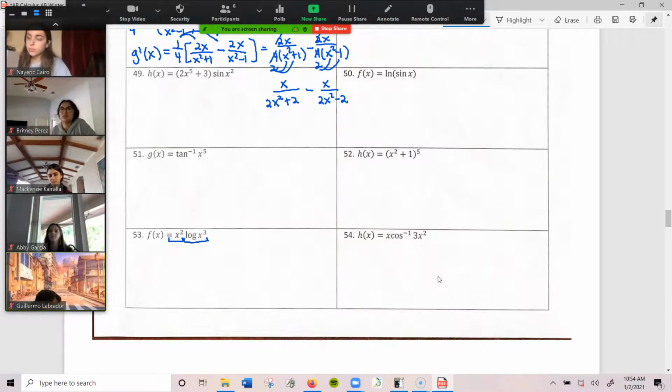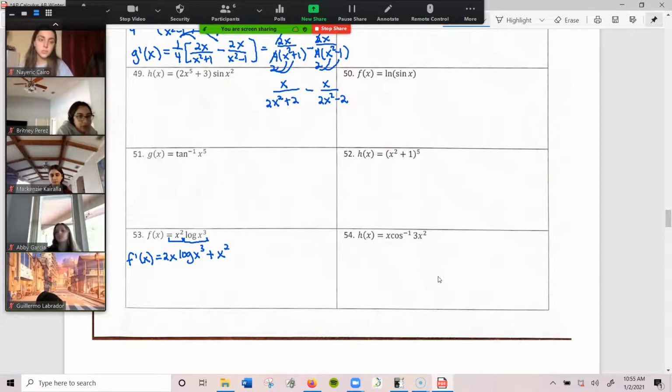Remember that for the product rule, we find the derivative of the first term, the derivative of x squared, which is 2x, and we leave the second term alone, so log of x to the third, plus, now we leave the first term alone, so x squared, and now we have to find the derivative of log of x to the third.